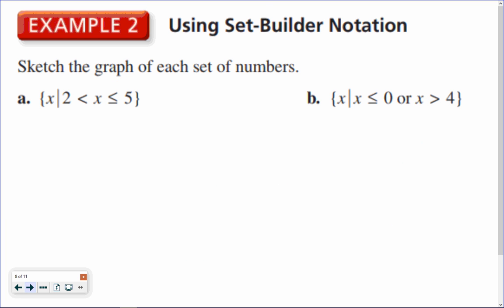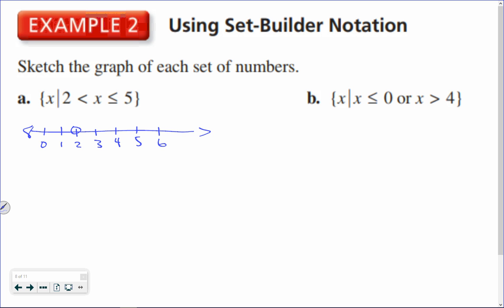Okay, so sketch the graph of each one of these numbers. What type is that going to be? Is it a compound inequality? And the graph goes where? Inside, right? So I'm drawing a number line. Got 2 and 5, so I'm going to start with 0. Top of 6 there.